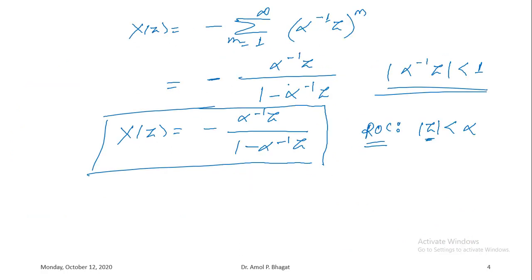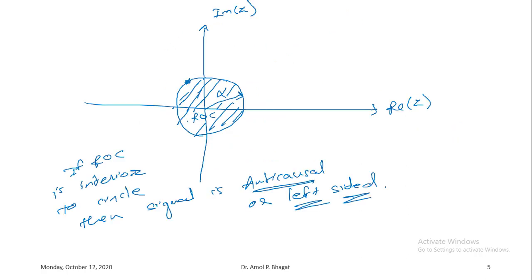According to this we have written the simplified version of the given equation of the Z transform, and as per the condition we get the ROC, the values of z less than alpha. So we have plotted this ROC.